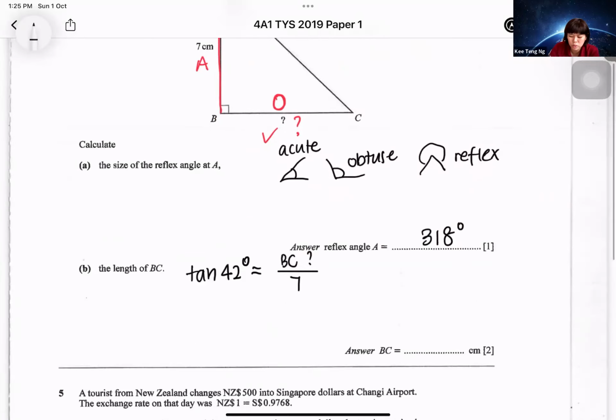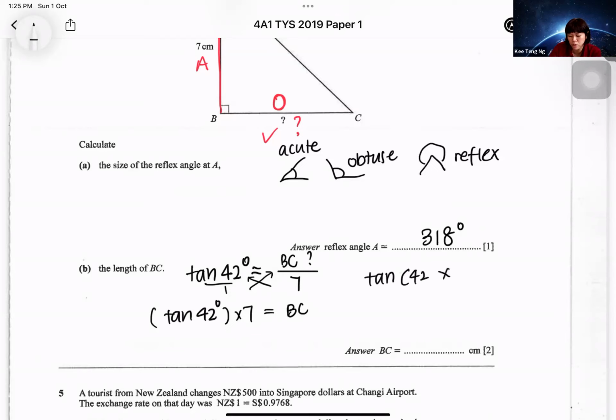So what do we need to do? We cross multiply. So BC will be tangent 42 times 7. You can press your calculator for the value of tangent 42. But when you key in tangent on your calculator, it will automatically open the bracket 42.